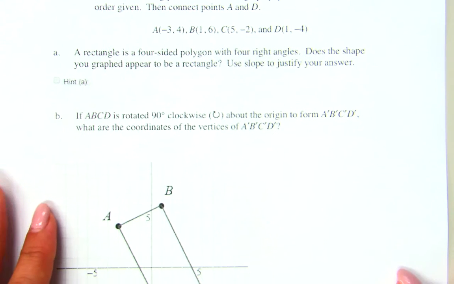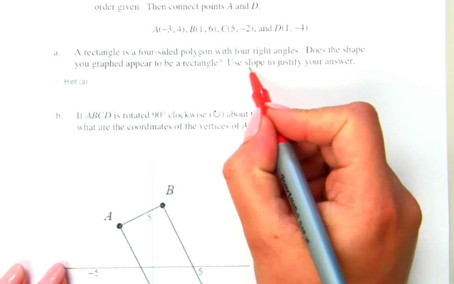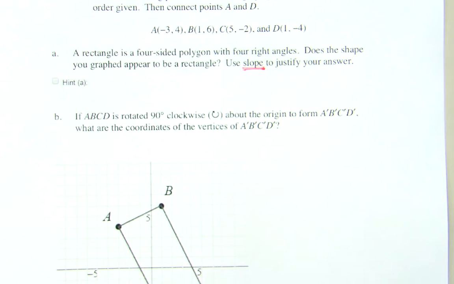And then the question is, does the shape you graphed appear to be a rectangle? The stipulation being that it has 4 right angles. In order to justify it, we want to use slope. So from last year, in order to justify that you had a right angle, you need to show that 2 segments or 2 lines were perpendicular to each other.